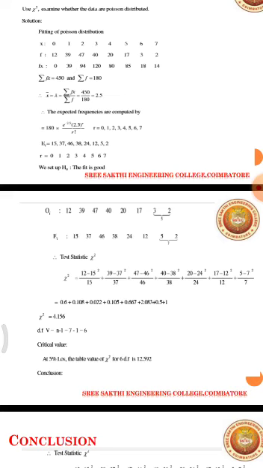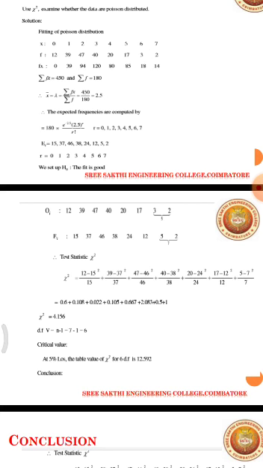Here degree of freedom v equal to n minus 1, that is 7 minus 1 equal to 6. As usual we compare the table value and the calculated value. Normally, if the calculated value is less than the table value, it is accepted; if greater than the table value, it is rejected.